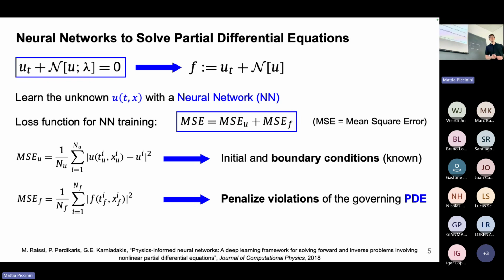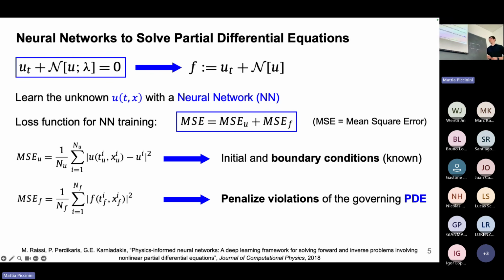Then the second part, MSE_F, is instead the most interesting part, because this is simply penalizing the violations of the governing PDE. We have our F, which is the left-hand side of the PDE, and here we're simply saying, please minimize the square norm of F, so have F as close as possible to 0. Minimizing F squared means I want F to be as close to 0 as possible, and this implicitly penalizes the violations of the governing equation.